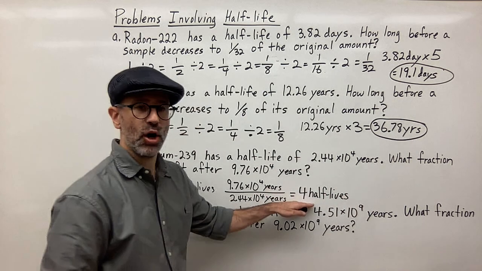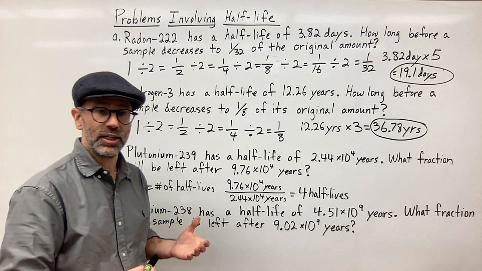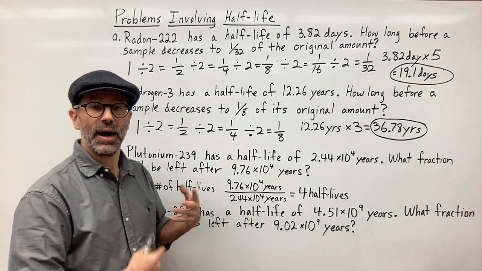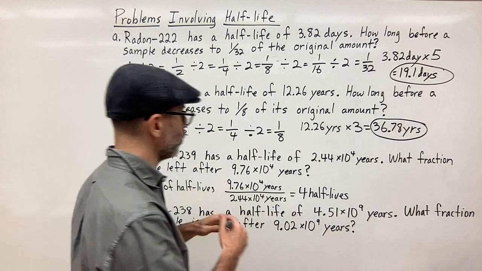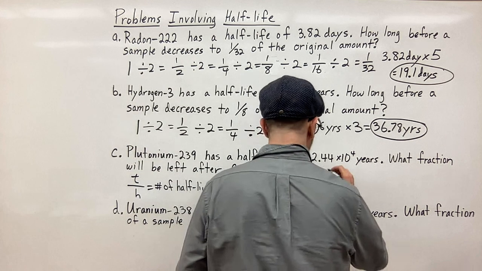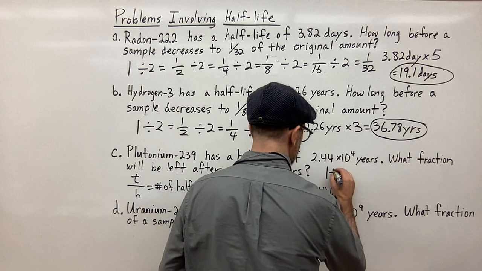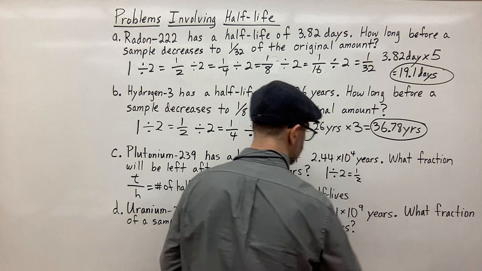And so now that we know we have 4 half-lives, all we need to do to get the fraction is take 1 and divide it by 2, 4 times. So we're starting with an amount of 1, and we're going to divide that by 2, 4 times. So divided by 2 gives us 1/2. That's 1.